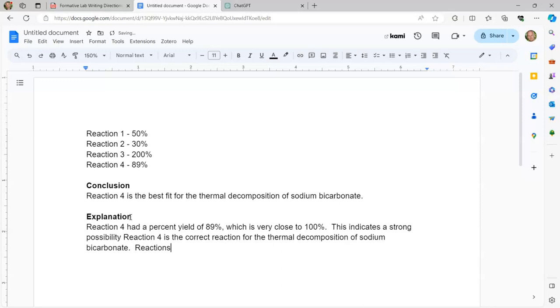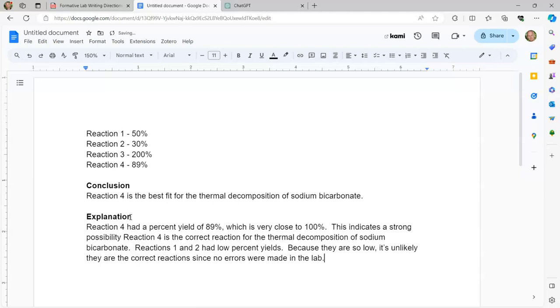So reactions 1 and 2 had low percent yields. You could be specific here and mention that they're 50 and 30, but I'm just going to put that they're low percent yields. Because they are so low, it's unlikely they are the correct reactions, since no errors were made in the lab.